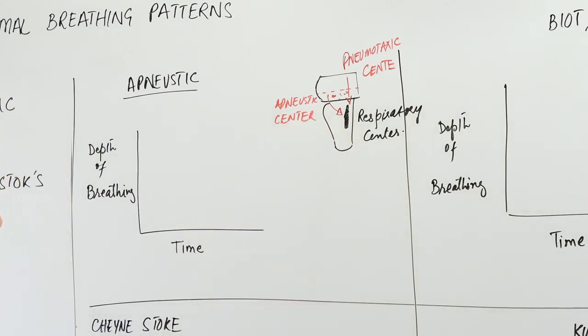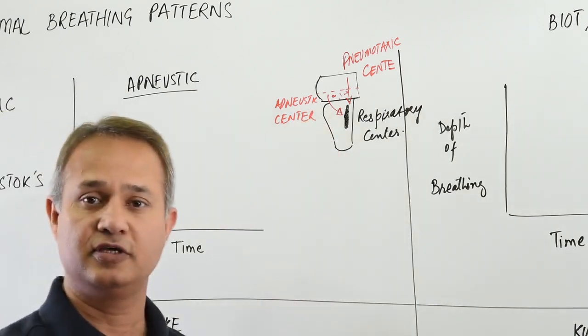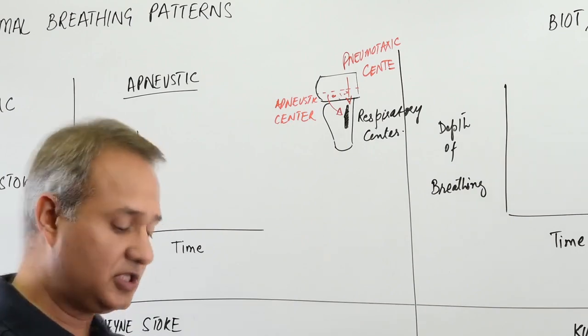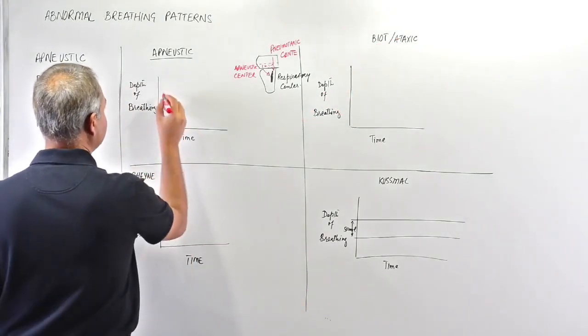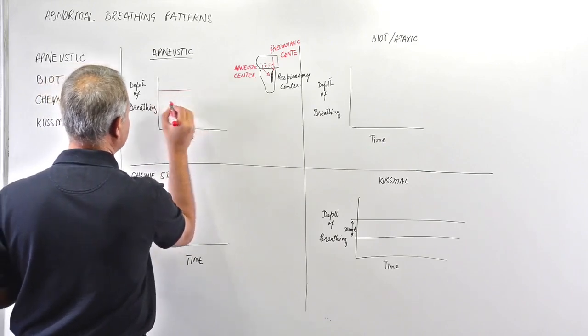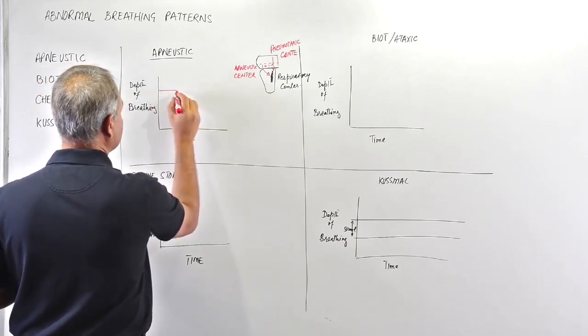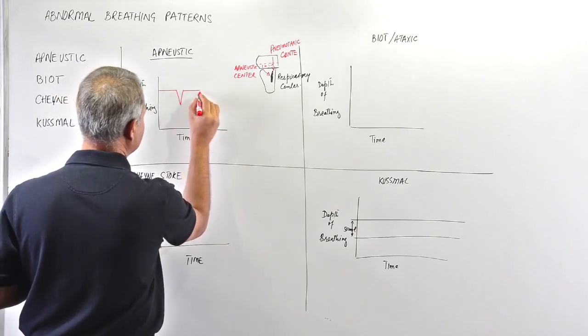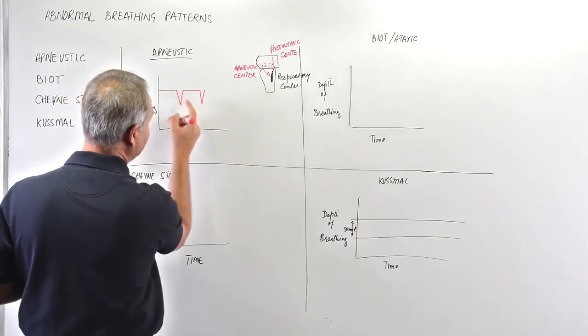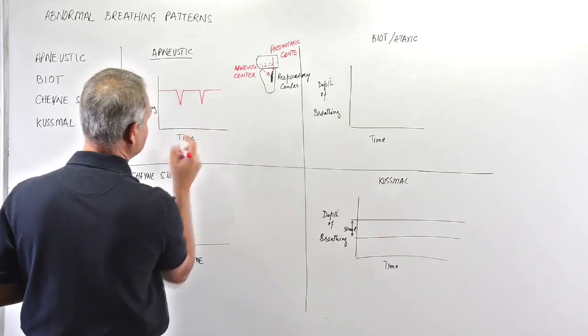Now the type of breathing that you would see here is this. You would see deep inspiration, then a shallow expiration, followed by another deep and prolonged inspiration, and then shallow expiration.